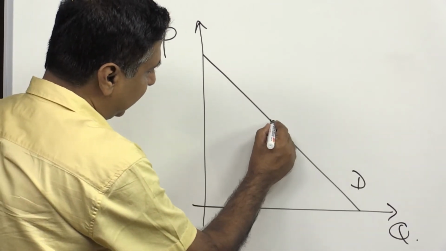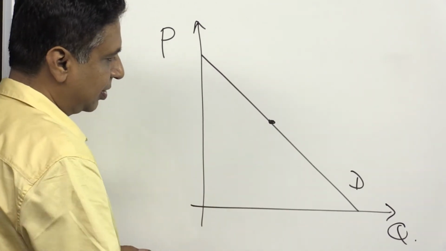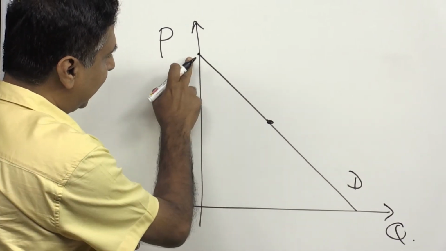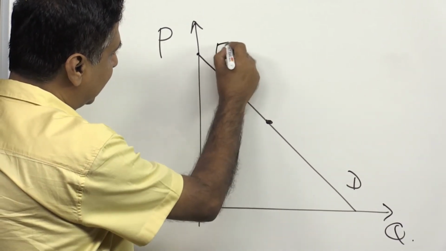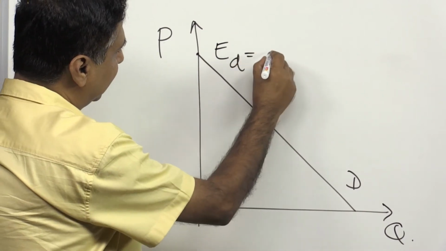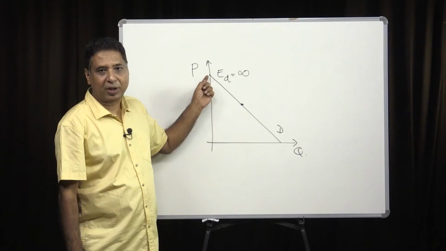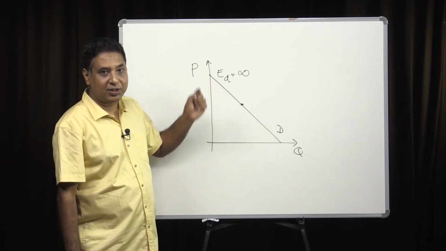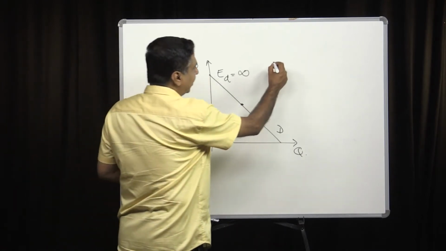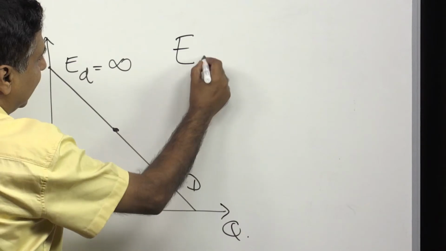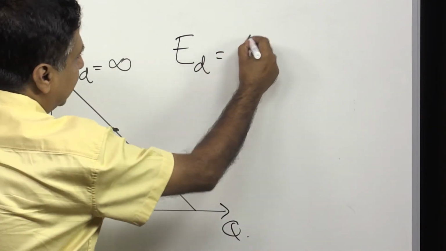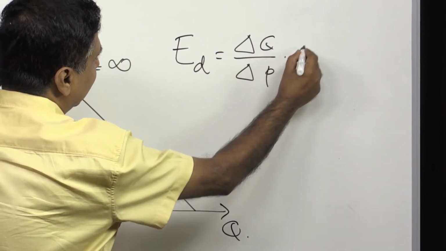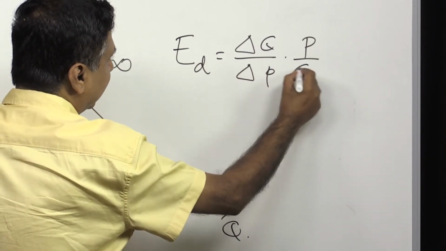Suppose this point is the midpoint of the demand curve. Then what we can show is that at this point the elasticity of demand is equal to infinity. Why is that? Remember the formula for the elasticity of demand? It is given as ED is equal to change in quantity divided by change in price into price divided by quantity.